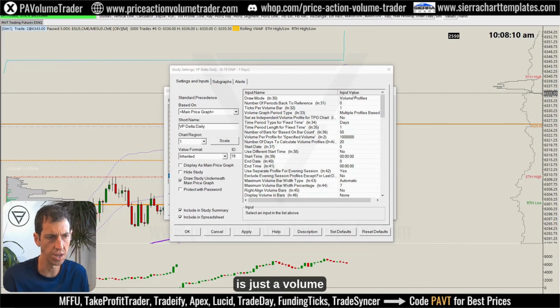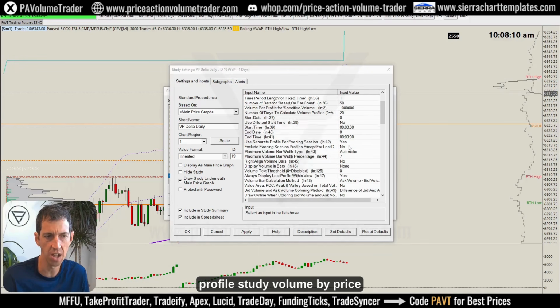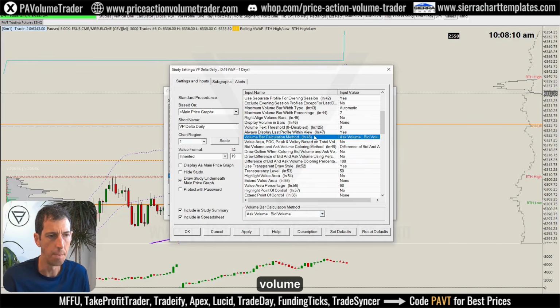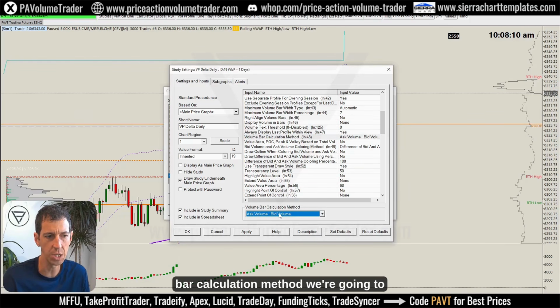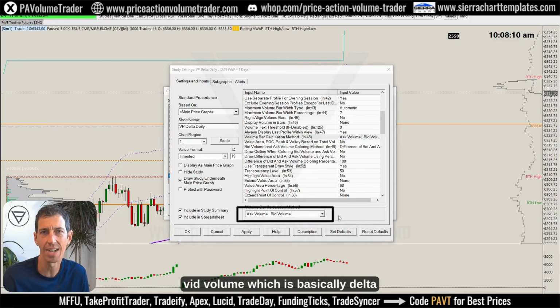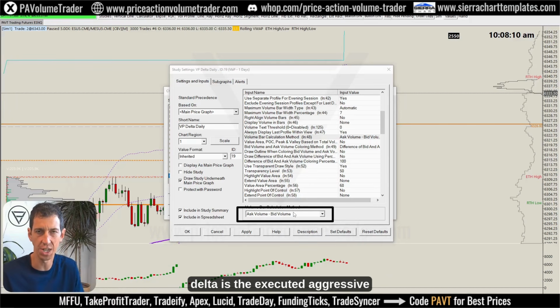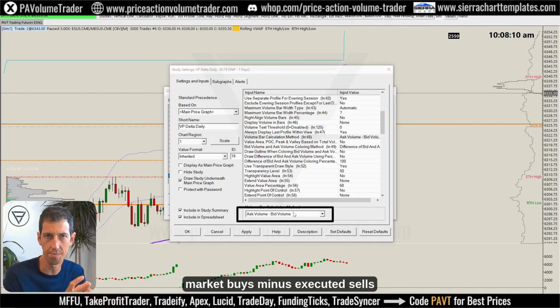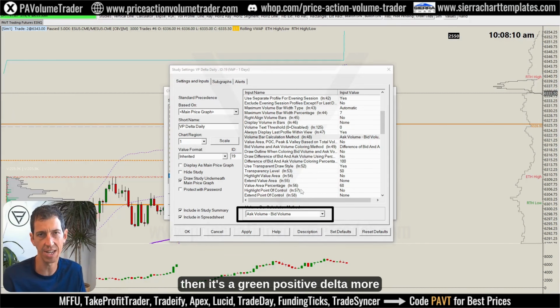This is just the volume profile, study volume by price. Volume bar calculation method, we're going to have it as ask volume minus bid volume, which is basically delta. Delta is the executed aggressive market buys minus executed sells, and the difference, if it's positive, then it's a green positive delta, more aggressive buying, and vice versa.